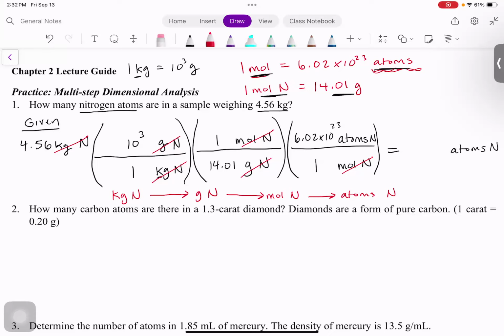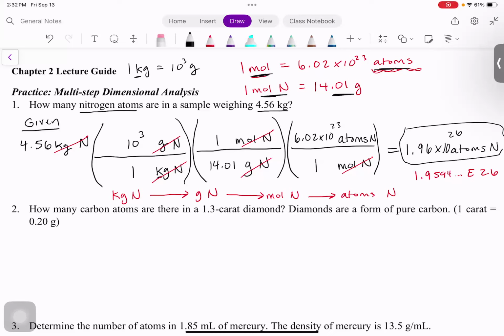And what I get from this is 1.9594, and then a bunch of other digits, E26. So I am going to round this to 1.96 times 10 to the 26th atoms of nitrogen, making sure that I've got my unit.